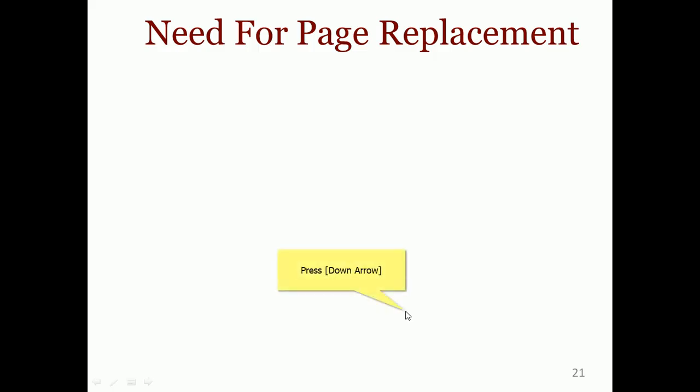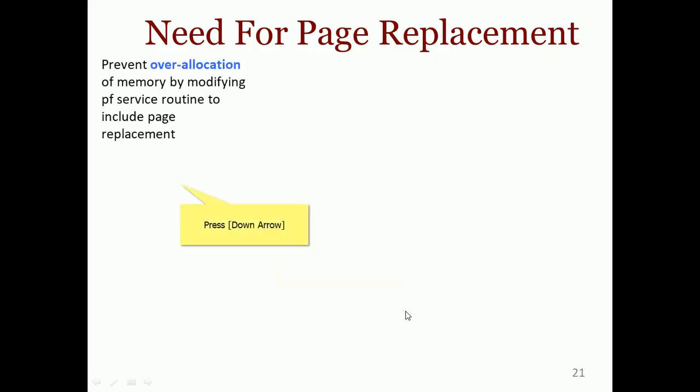So we need a page replacement algorithm. It prevents over-allocation of memory by modifying the page fault service routine to include page replacement.